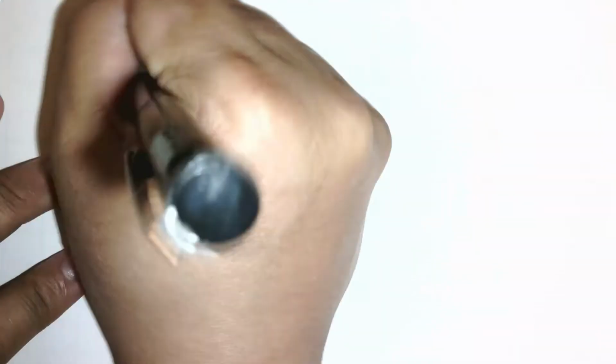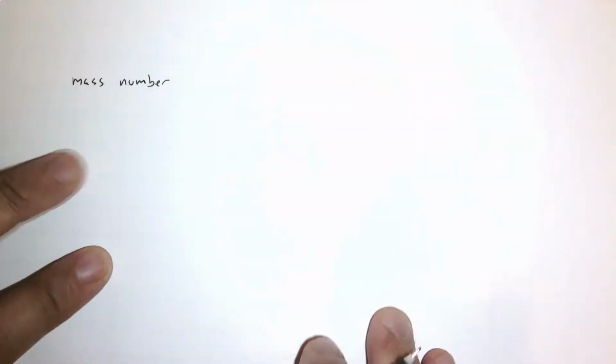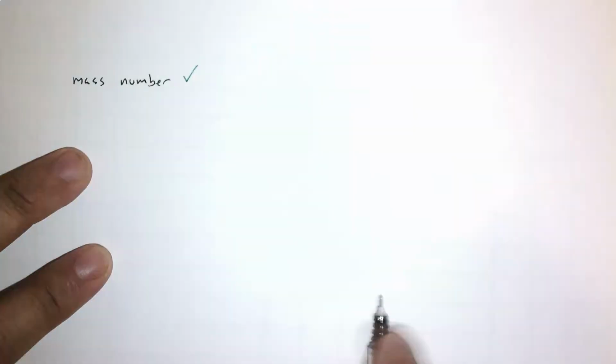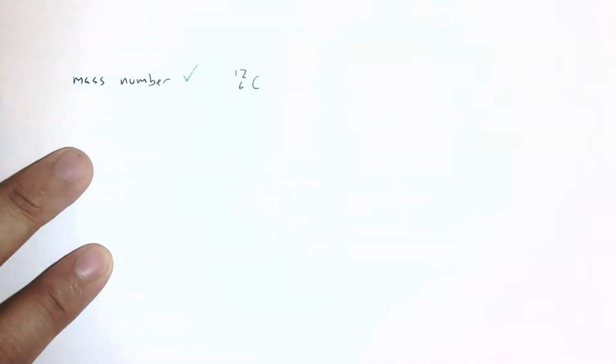Next topic. We know mass number, right? Mass number, and let us put a check. And put an example, 12,6. So that's carbon, and that has a mass number equal to 12, right?